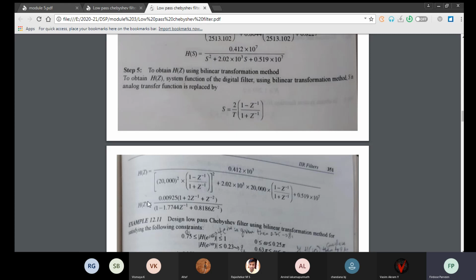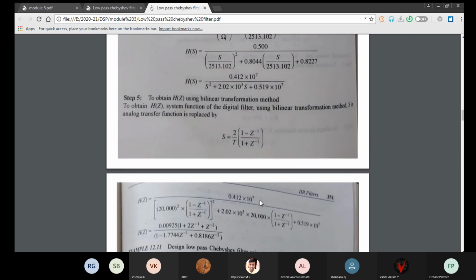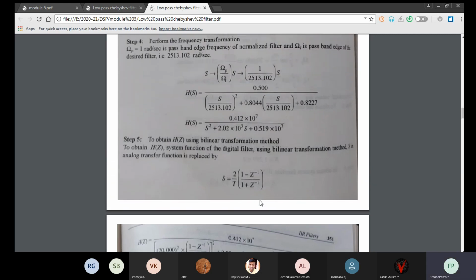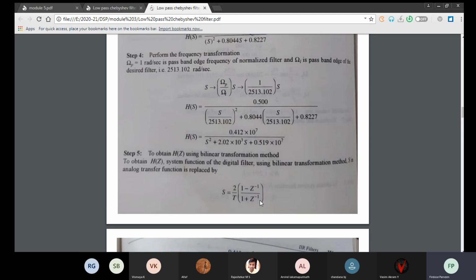You will be getting h of z is equal to 0.009251 into (1 plus 2 z inverse plus z raised to minus 2) divided by (1 minus 1.7744 z inverse plus 0.8186 z raised to minus 2). Calculate and see whether you are getting the same thing.